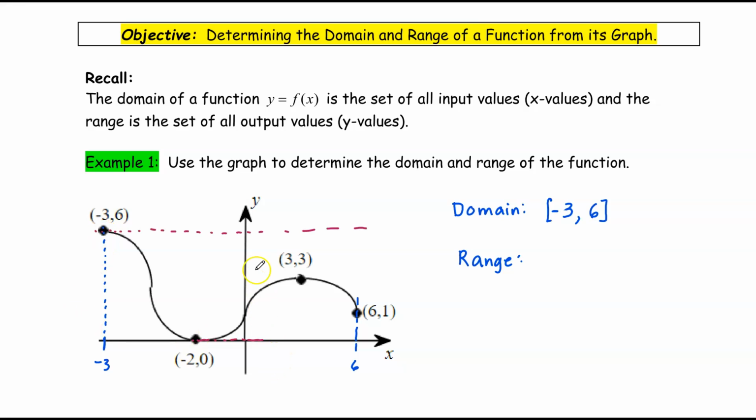So your graph has a y value between 0 and this point here, which is y equals 6. So therefore the range is just the values from 0, so including 0 because this is shaded, up to 6. So range is from 0 to 6.